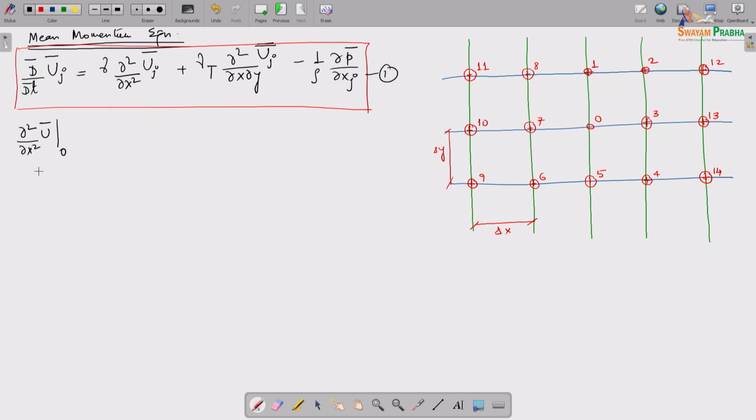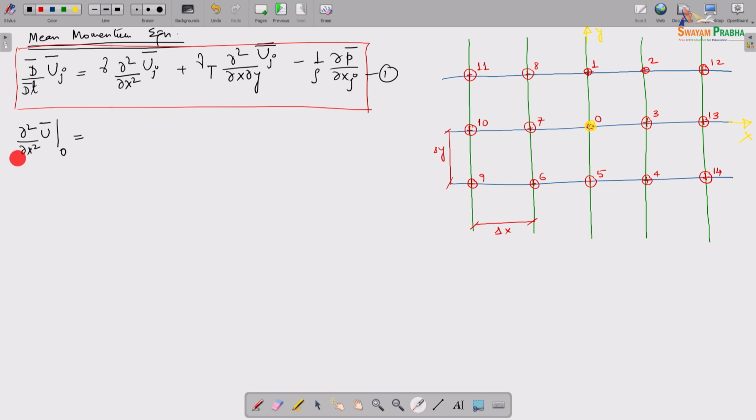And in that case, I should also write down this axis system. This is y and this is x, right, and the origin is here. Okay. All right. So then let's just say it is at 0, the second derivative, right.